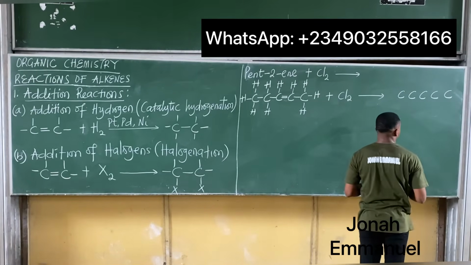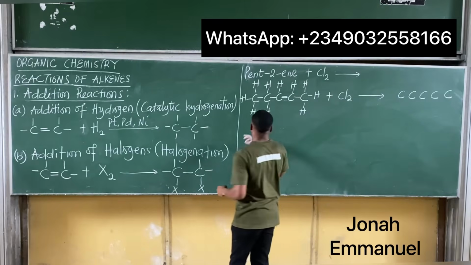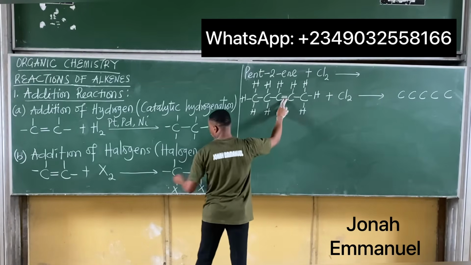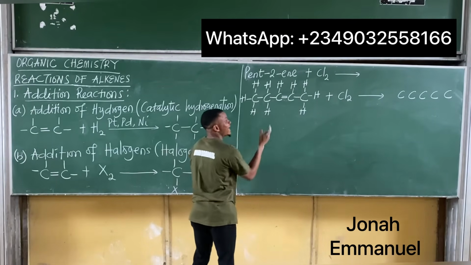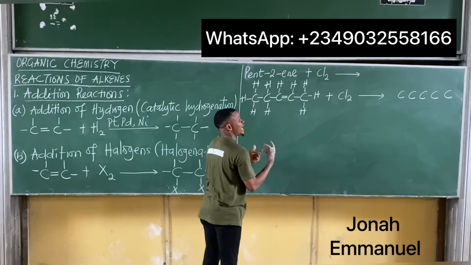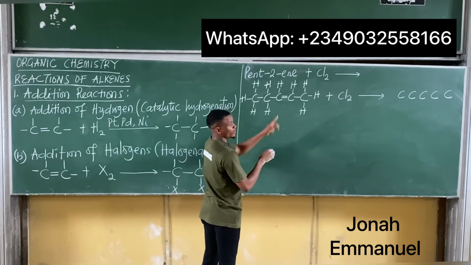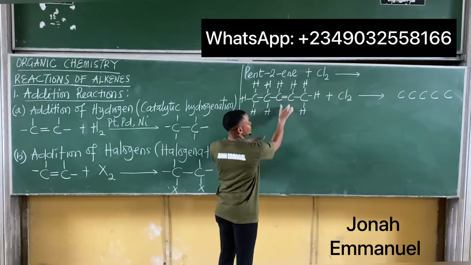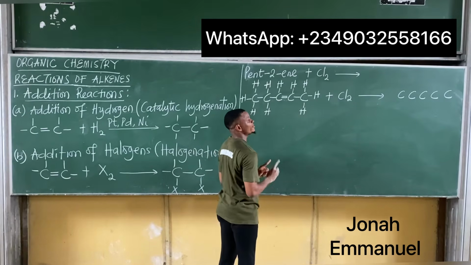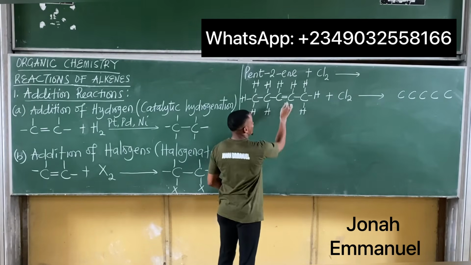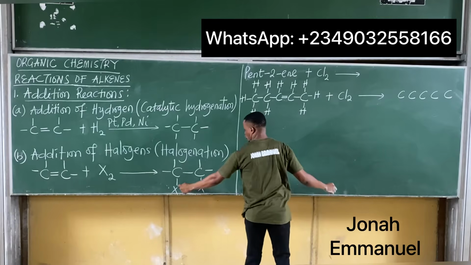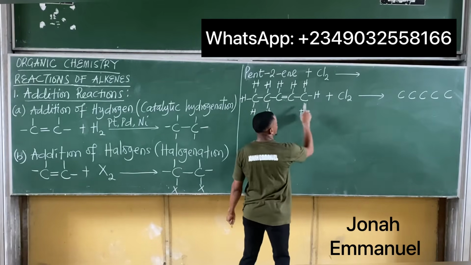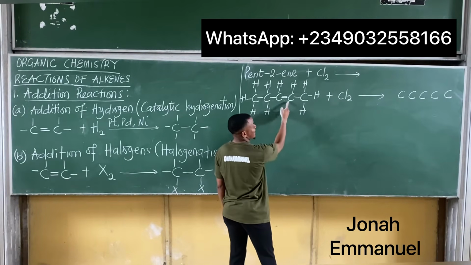That's my first task. Number 2, observe that when the double bond breaks there, your halogens will attach to the 2 carbons that were bearing the double bond. In this case, it was carbon 2 and 3. These 2 here were the ones bearing the double bond. In other words, my 2 Cl, of course we said 2 halogens, so my 2 chlorines will be attached to this and this one.